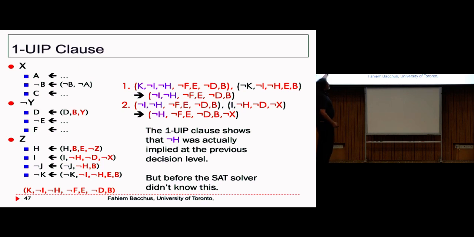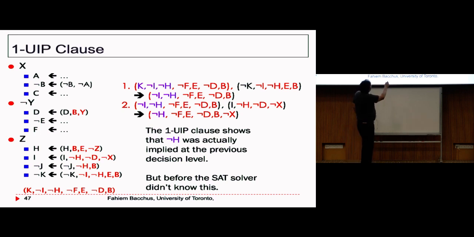So the deepest one is not K. So I resolve that with its reason for not K. I get this clause. Then I take the I, and I resolve it with the reason for I, and I get this clause, not H, and all that stuff. And this clause, you can see, only has one literal at this deepest level.